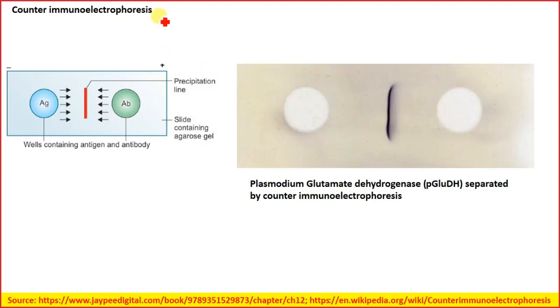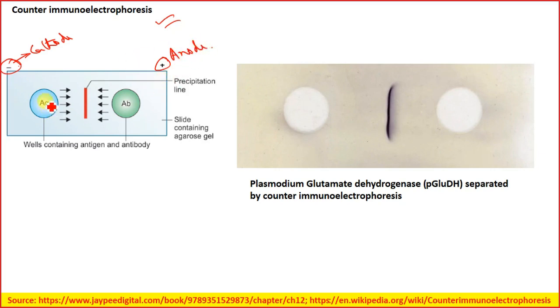Then we have counter immunoelectrophoresis. In this case, the antigen, I said, is negative in nature, so we have a cathode. The antibodies are comparatively cationic in nature, so you will have the anode.